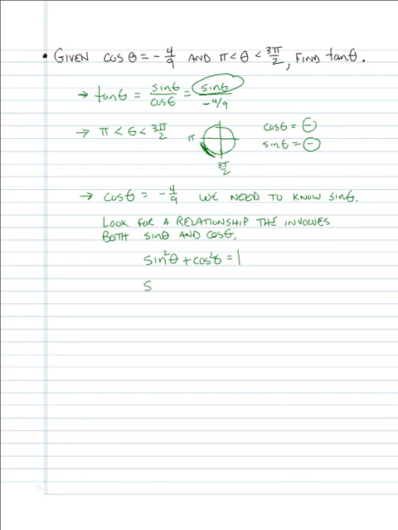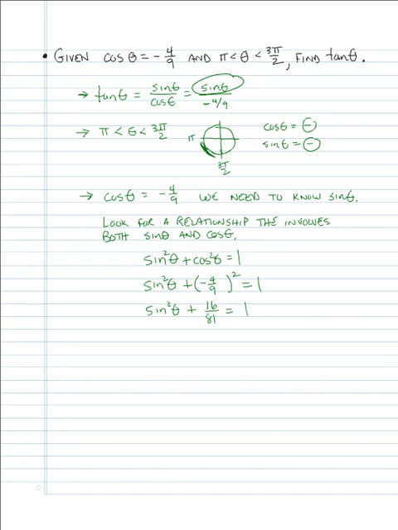So that's exactly what we do here. We replace cosine of theta with its value, negative 4/9, in this identity. It's called a Pythagorean identity. And so now we begin to solve: sine squared of theta plus, when we square negative 4/9, we get 16 over 81, and of course that's equal to 1.